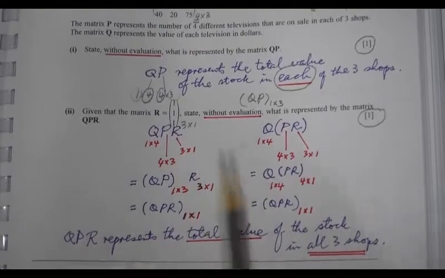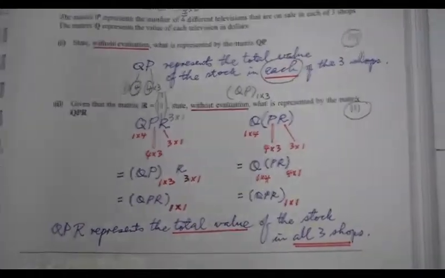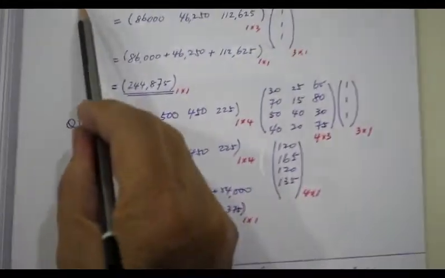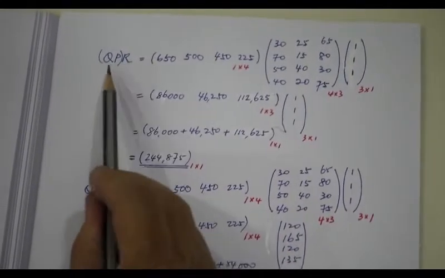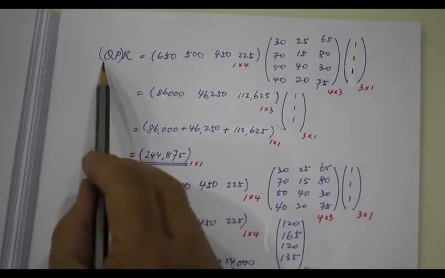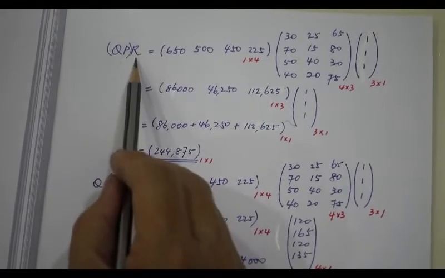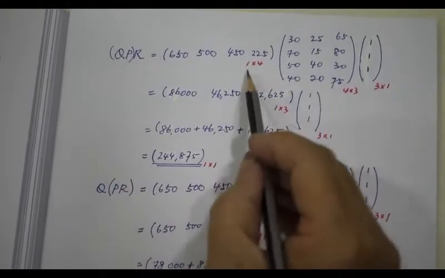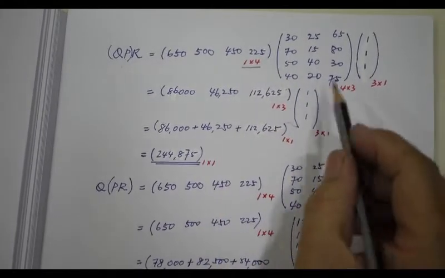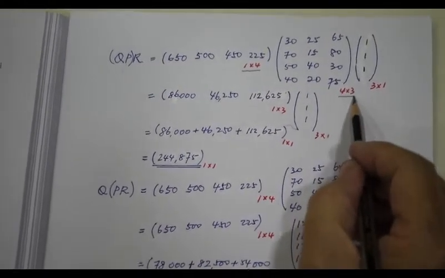Now I want to show something first. QPR can be found by multiplying Q and P first, followed by R. So Q is 1 by 4, P is 4 by 3.